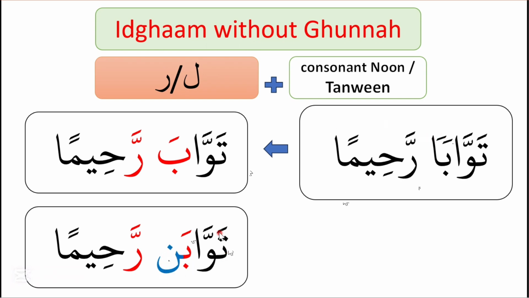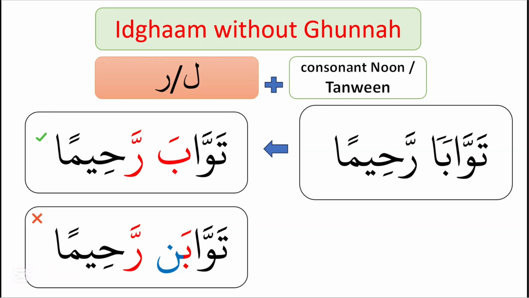So don't say tawaban rahima, but say tawabar rahima, and don't make any ghunnah. What I wrote here below is not the correct one. The correct one is what you have here above.